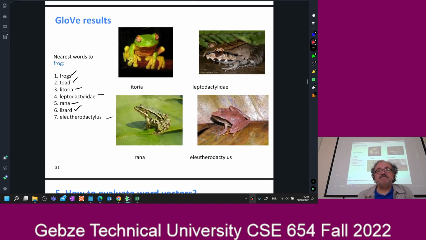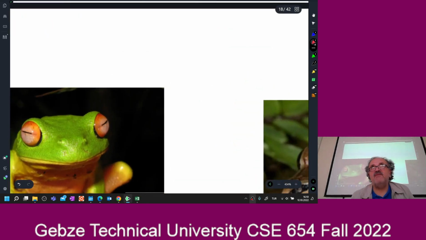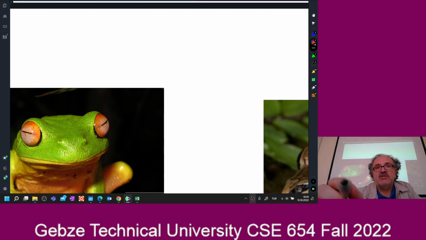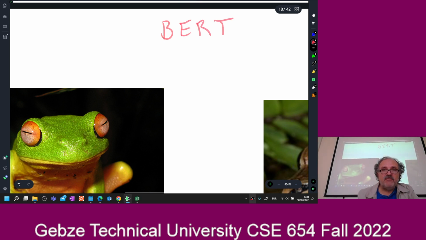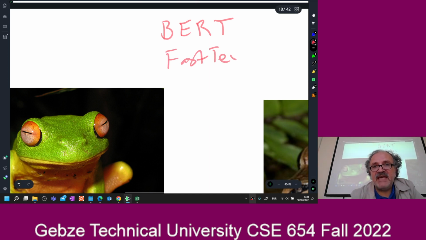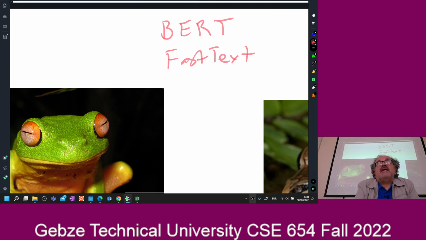Okay, so let me give you some other new ways of representing the words. BERT is something that we use all the time. It's new. It is based on deep learning and encoder-decoder stuff. Before BERT, there was FastText. FastText is very good for Turkish because FastText says that I am not going to assign vectors to the words only. I'm going to assign word parts.